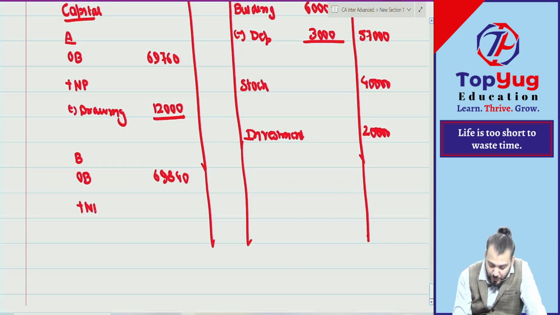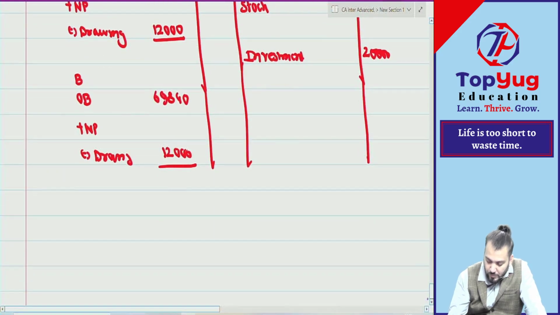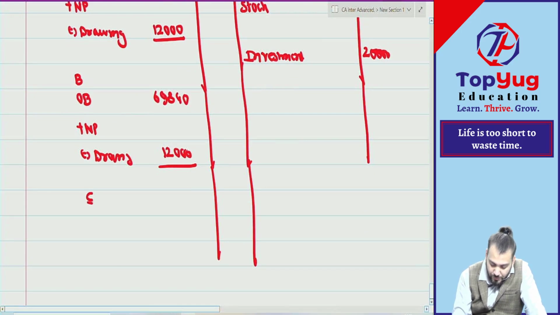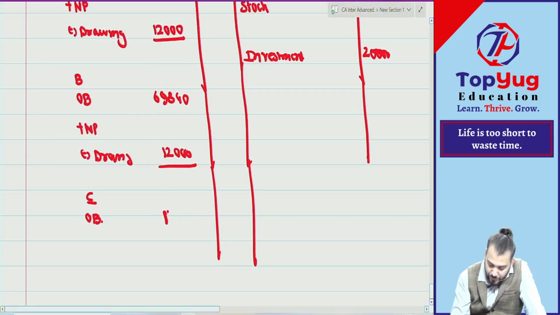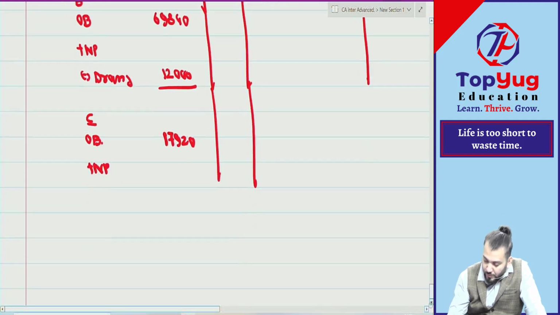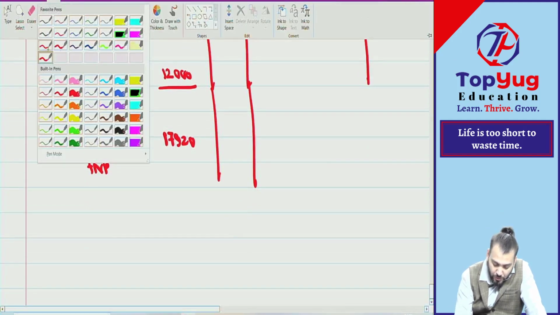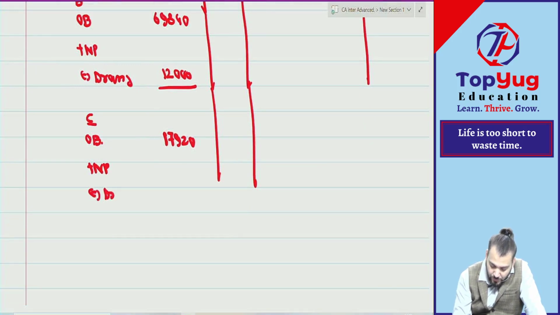Plus net profit, which we don't know. Minus drawing, 12,000. Then C's opening balance, how much? 17,920. Plus net profit, which we don't know. Minus drawing, 12,000.